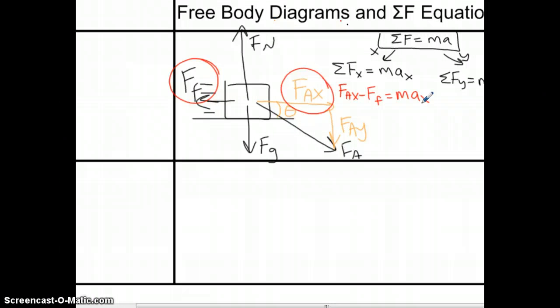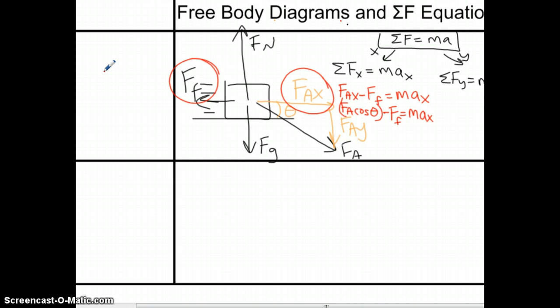What does FAX equal, in terms of theta? Something cosine theta. FA cosine theta, that's that, minus FF equals MA of X. See that?